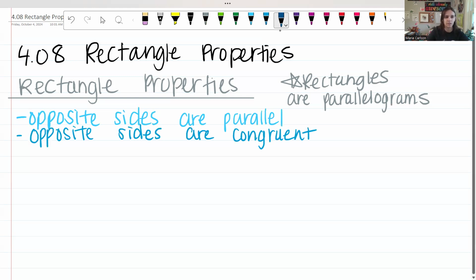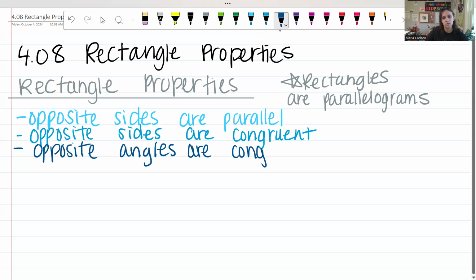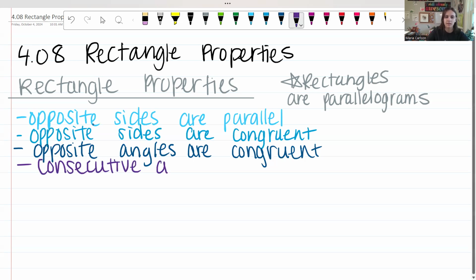Also, in a parallelogram, opposite angles are congruent. So opposite sides are congruent and opposite angles are congruent. And consecutive angles, meaning angles that share the same side, are supplementary.